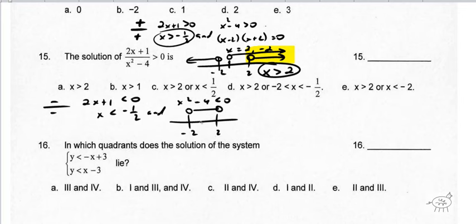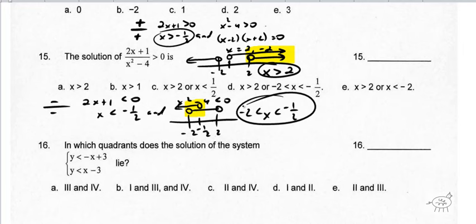And it's less than negative 1/2. So this is negative 1/2. So the overlap of this is really between those two values right there, which means x is between negative 2 and negative 1/2.